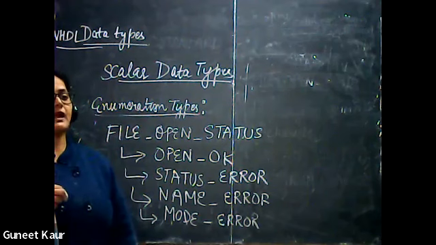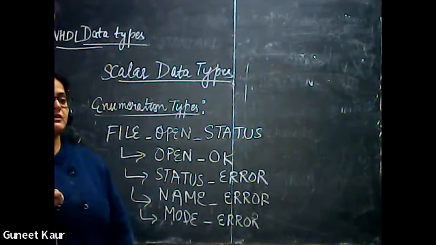With this I have completed the explanation of the enumeration data type.